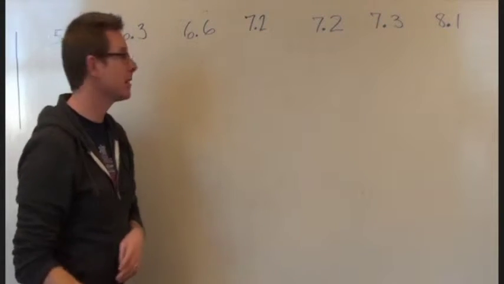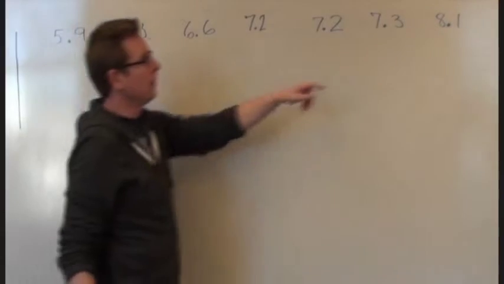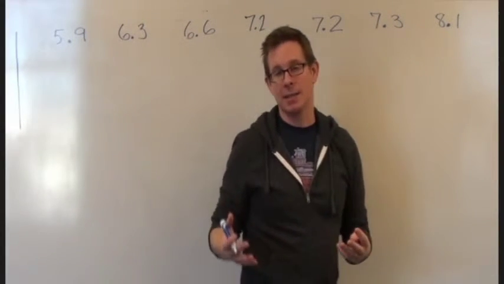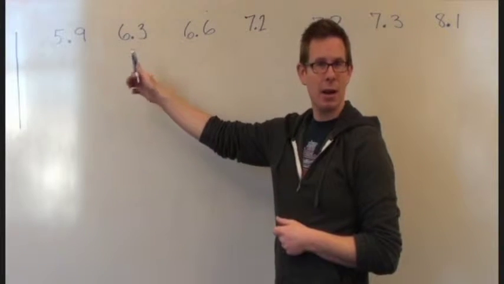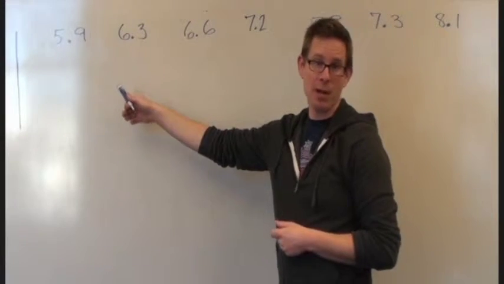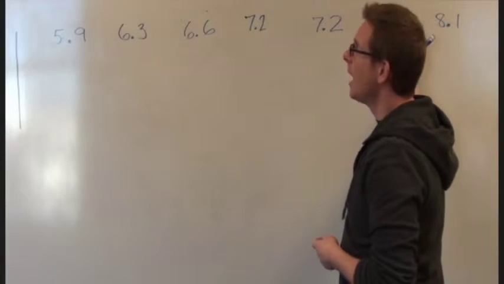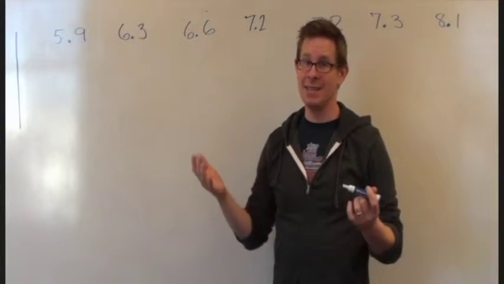When you draw an axis, you want to think about what's my smallest number, and what's my largest number, and just think there needs to be room on my axis to fit all those. So in this case, we want to make sure we have a number at or lower than 5.9, and at or higher than 8.1. I tend to think, like most humans, in 5s or 10s.